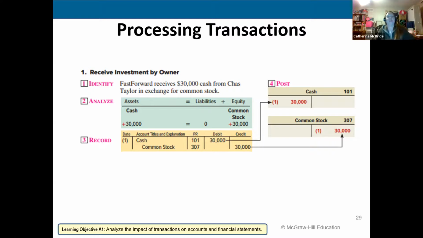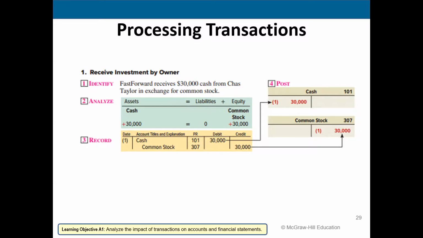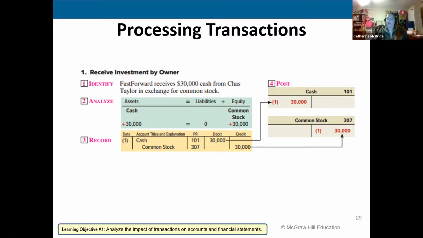What about common stock? And we talked about this before because common stock's tricky. Did common stock increase or decrease? Increase. It also increased. So cash increased and common stock increased. So on my piece of paper, I would be writing a little up arrow next to each of them. I like arrows better than plus and minus.